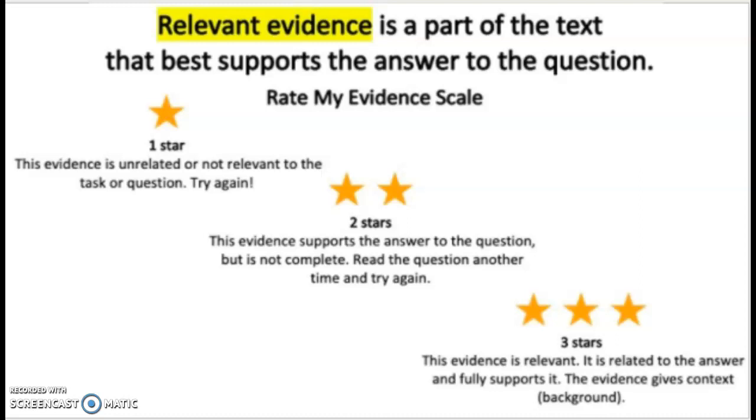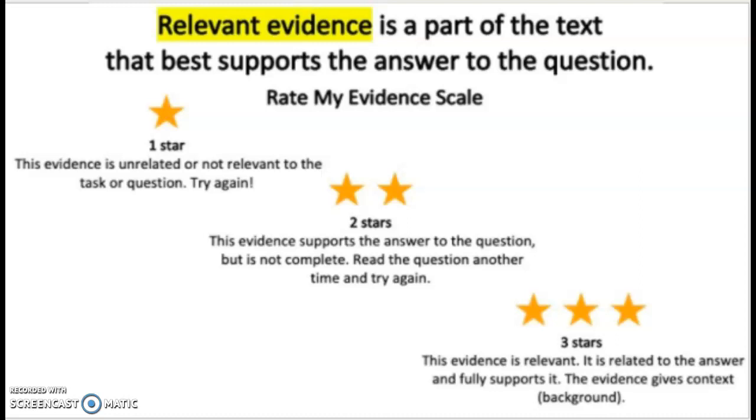In that case, you should probably go reread the question, reread the text, and try again. 2-star evidence is evidence that supports the answer to the question, but is not complete. Read the question another time and try again. Okay, so with 2 stars, you're getting there, but you should still see if you can find even better evidence.